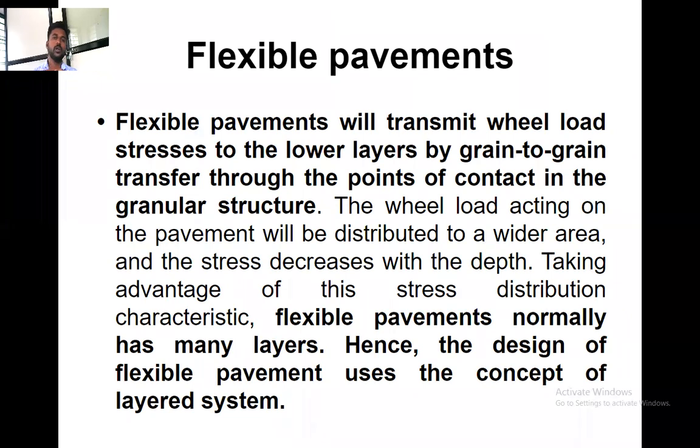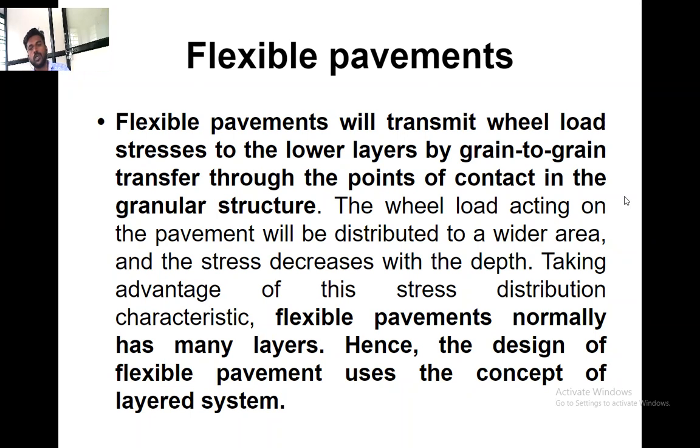Because we have provided the longitudinal joint or transverse joint, it has free access to elongate or contract. Due to this, the temperature stresses will not be developed in the concrete pavement. So ultimately the cracks will not be produced in the pavement.